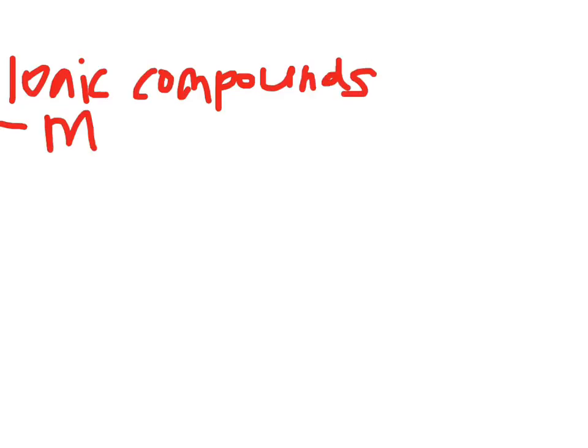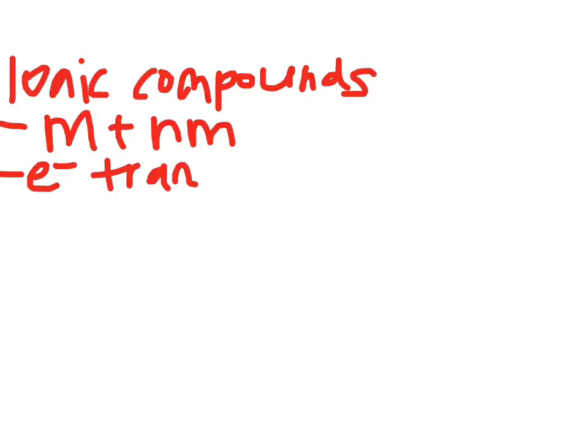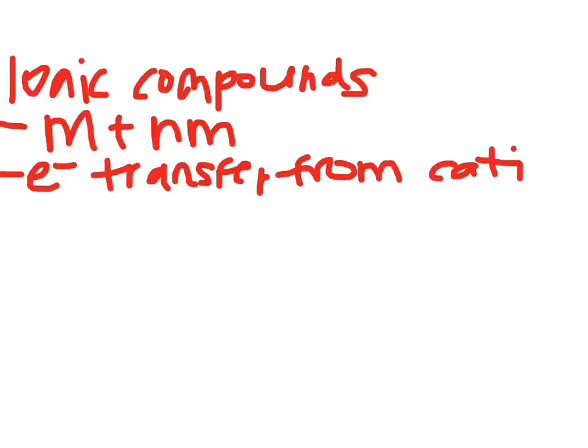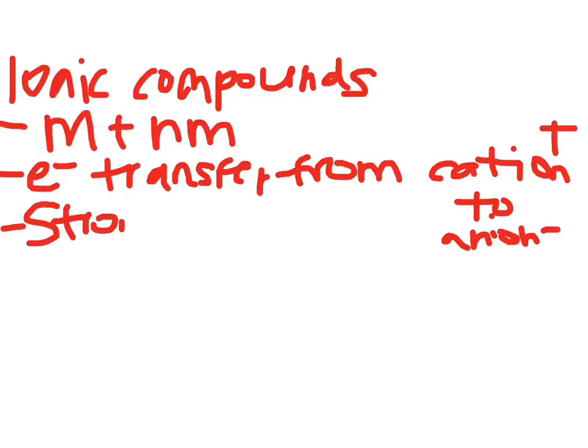You know it's a metal, non-metal bond. Electrons are transferred from cation to anion. Remember which one's the plus? Cation. Anion's the minus. It is a very strong bond, the strongest, I think.